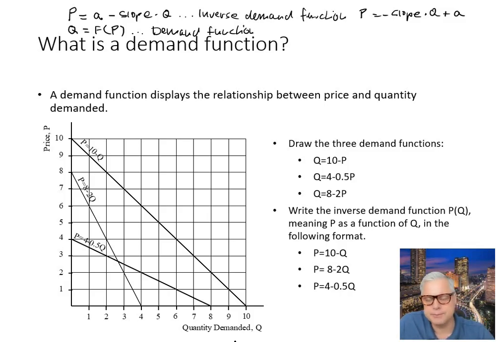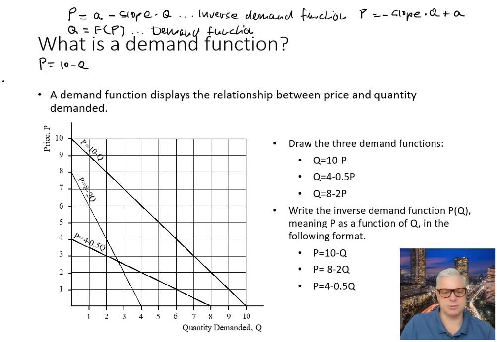So let's just practice a little bit with demand functions. So we have here 1, 2, 3 inverse demand functions. The first inverse demand function is P equals 10 minus Q. Whenever we want to get from an inverse demand function to the demand function, we just need to rearrange terms so that we have the Q on the left side of the equation.